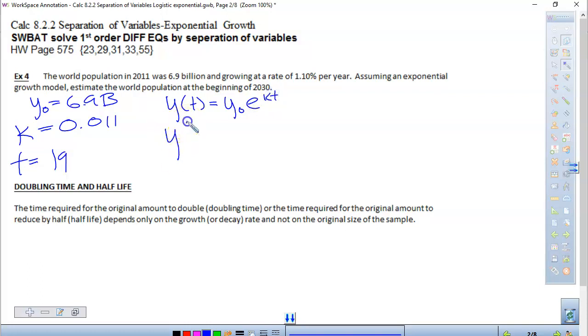So y of 19 will equal 6.9 e to the 0.011 times 19. And that's approximately 8.5 billion.